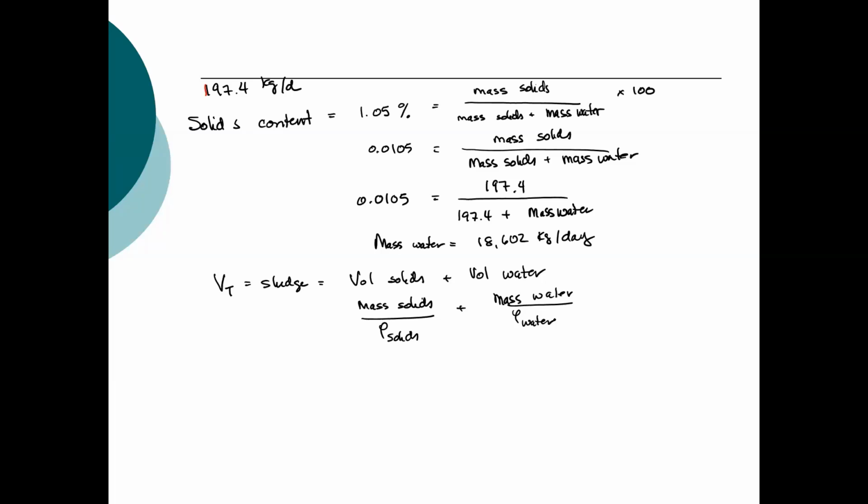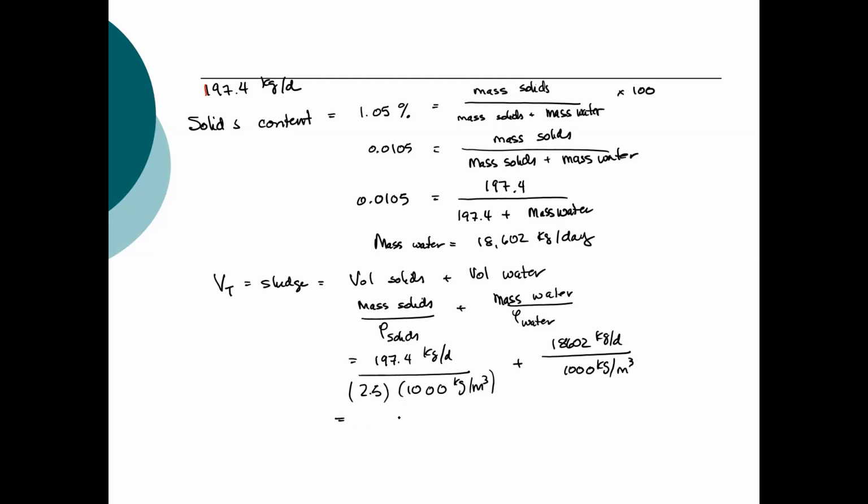And we said that the density of the solids was 2.5. Okay, so that is equal to 197.4 kilograms per day divided by, multiply the specific gravity times the density of water, plus that 18602 kilograms per day divided by the density of water.